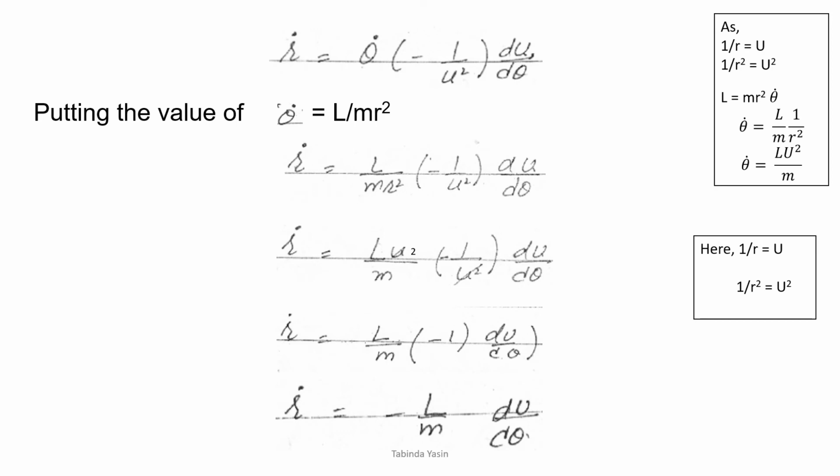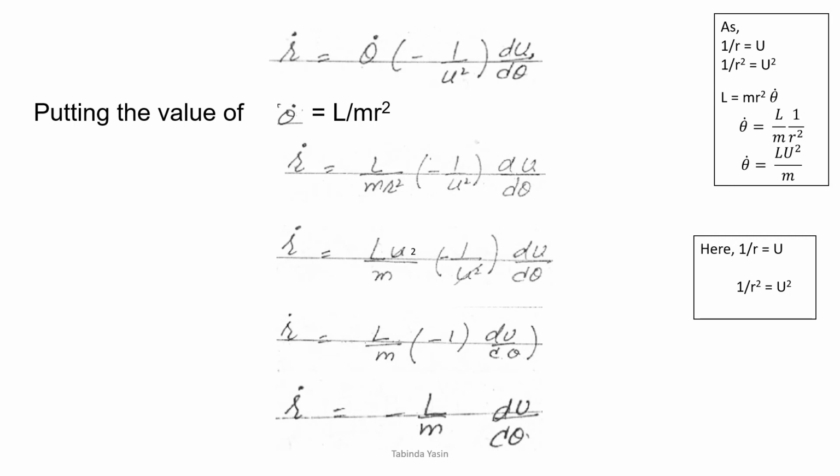We have the value r dot equal to theta dot into minus 1 over u square into du over d theta. Here we have differentiated 1 over u with respect to theta. So the equation is r dot is equal to theta dot into minus 1 over u square du over d theta.